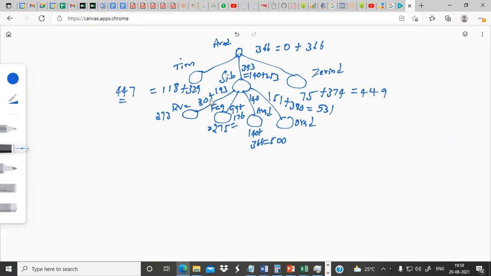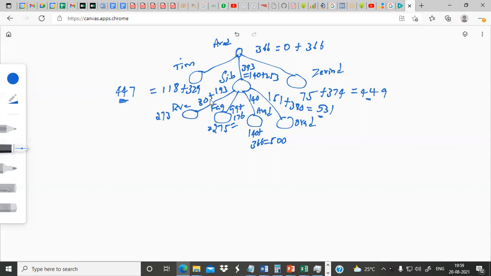So now what the algorithm should do is, out of all the unexplored paths, find the minimum. Not only these nodes, out of all the unexplored nodes, it should find the minimum. So what are the unexplored nodes? This is also an unexplored node. What is this? 447. This is also unexplored. What is this cost? 449.